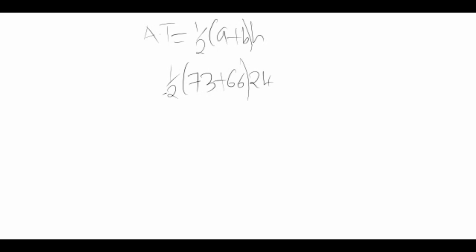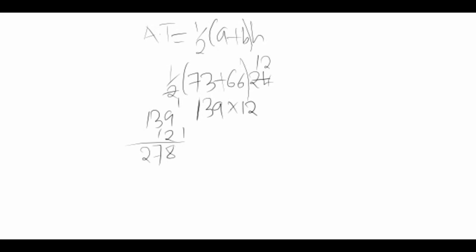So we have by 2 is 1, by 2 is 12. 73 plus 66 will give us 139. So we have 139 multiplied by 12. 2 times 9 is 18, carry 1. 2 times 3 is 6, plus 1 is 7. 2 times 1 is 2.